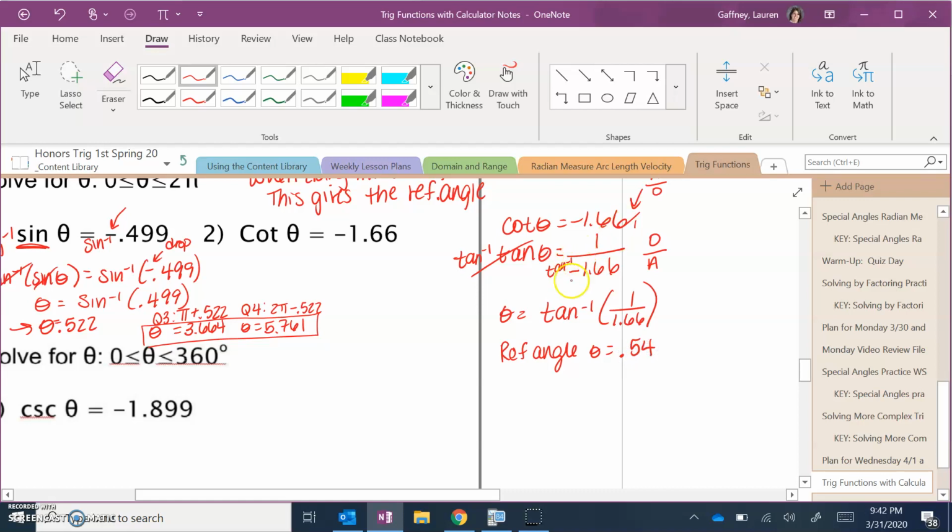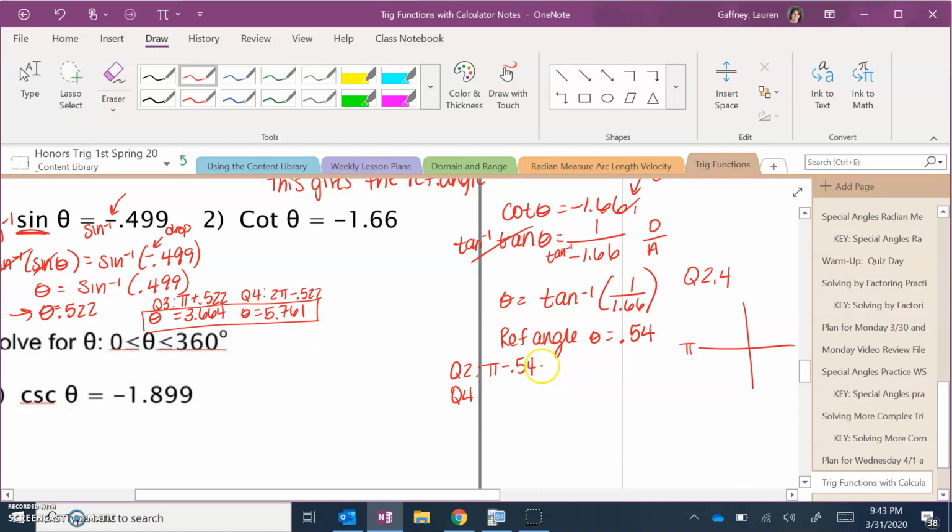Now, it was a negative. So we know that tan is negative in quadrants 2 and 4. So we really need quadrant 2 and 4 answers here. So quadrant 2, think about this. To be in quadrant 2, before, if we were in degrees, we would have taken 180 and subtracted the answer. Now let's take pi and subtract the reference angle.